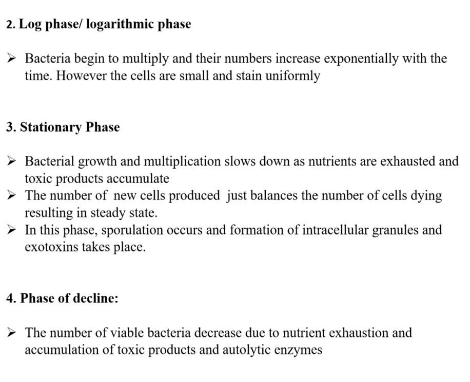There is no exponential increase in the number, so the curve slowly becomes steady, a flat line in the graph. In this phase sporulation occurs. The spores are produced in nutrient depletion conditions.